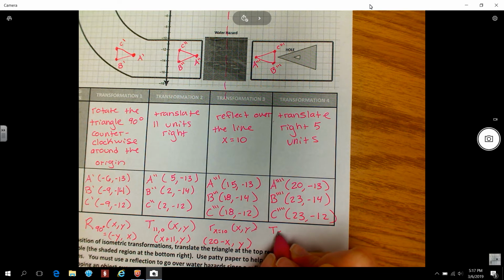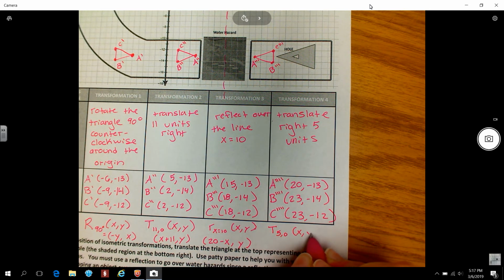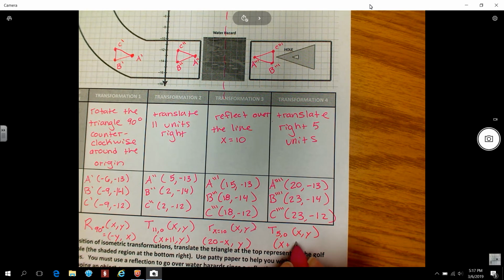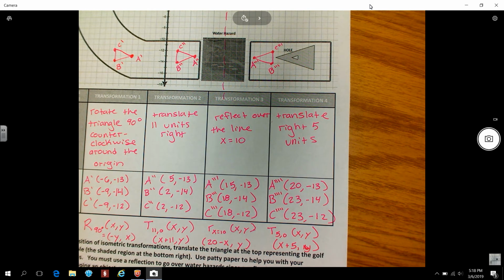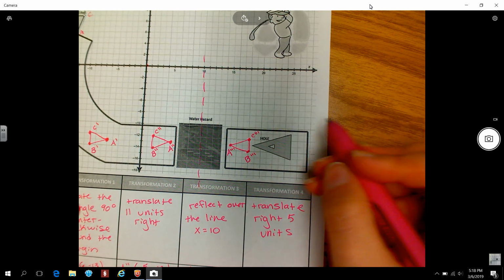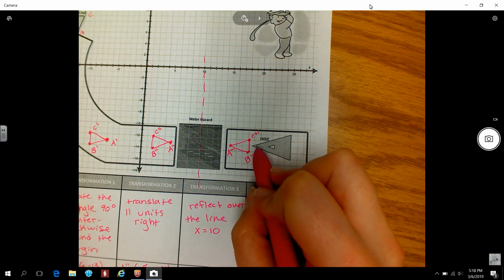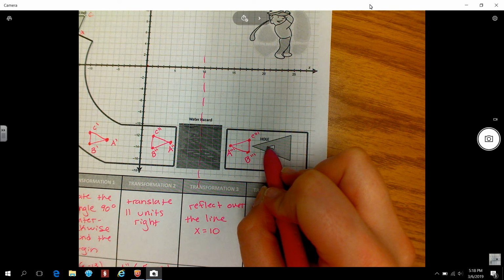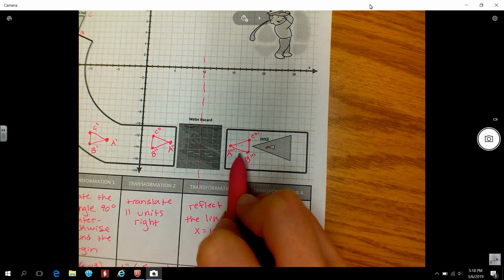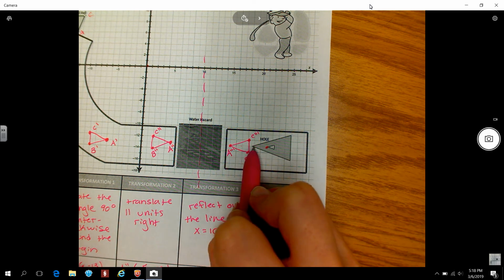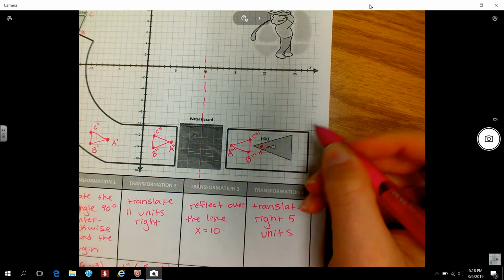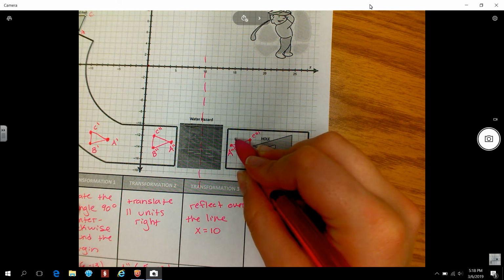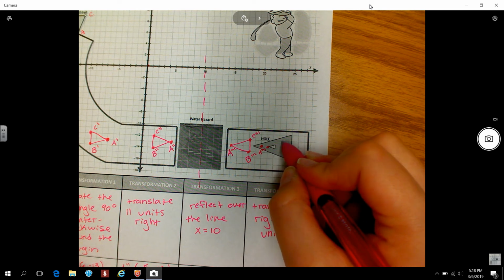So we're going to translate (5, 0): (x, y) goes to (x plus 5, y). And then move it over 1, 2, 3, 4, 5.